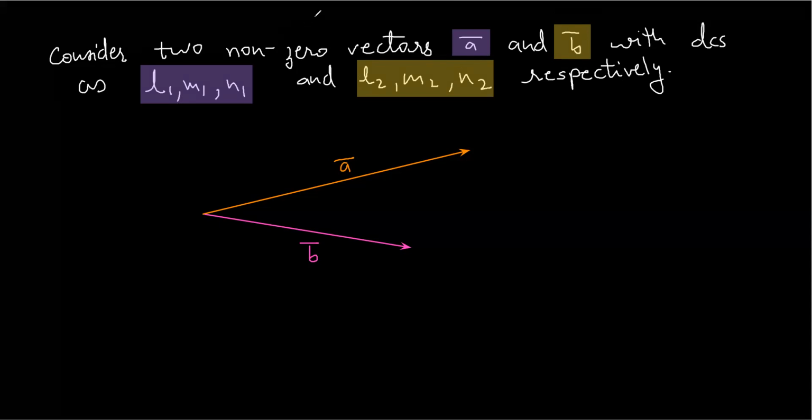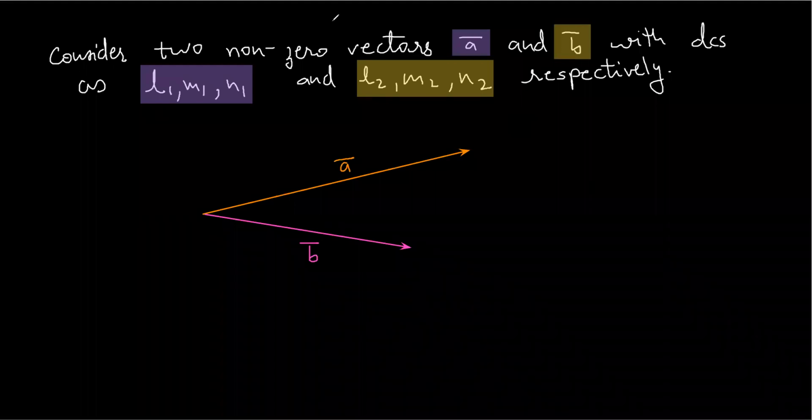Now students, if you remember, we have already written important pointers for DCs, and in that we wrote that when I know the DCs of a vector, then I can write a unit vector in the direction of that vector.